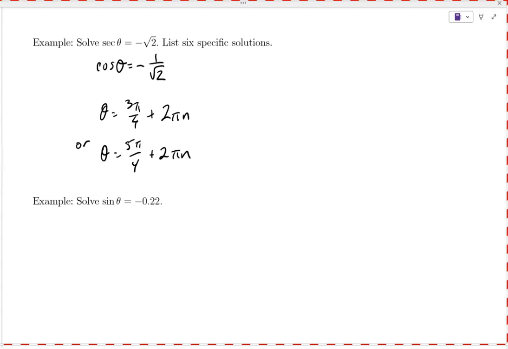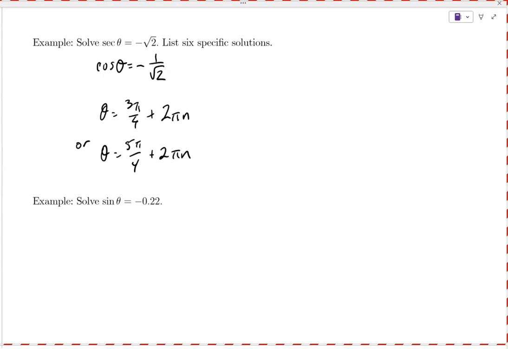This would be it if it didn't ask for that last bit. It says list 6 specific solutions. Okay. Well, two of them are really easy. I can just cover that up, right? And I've got two solutions that are 3 pi over 4 and 5 pi over 4.